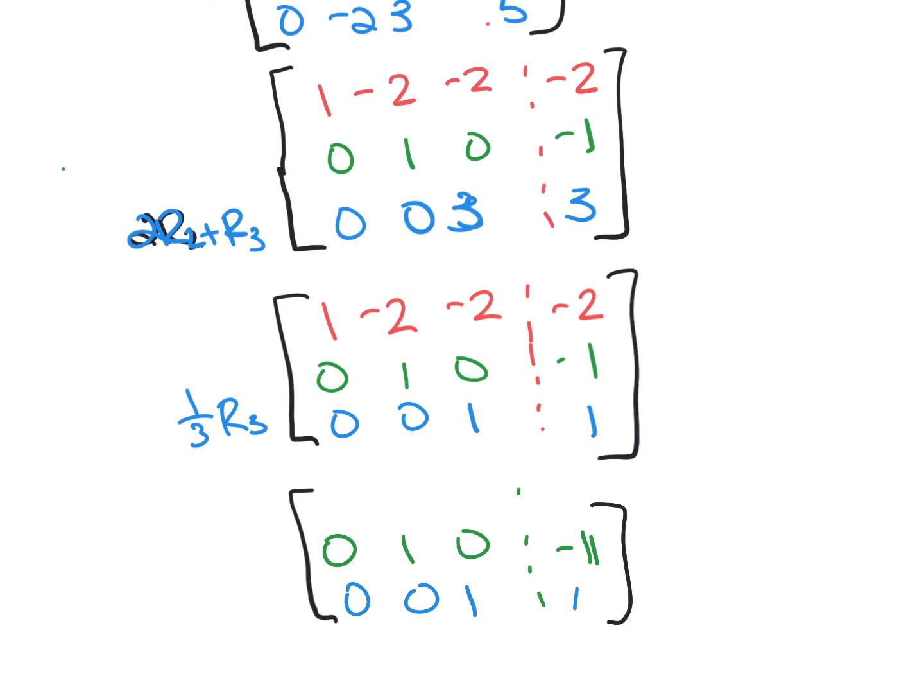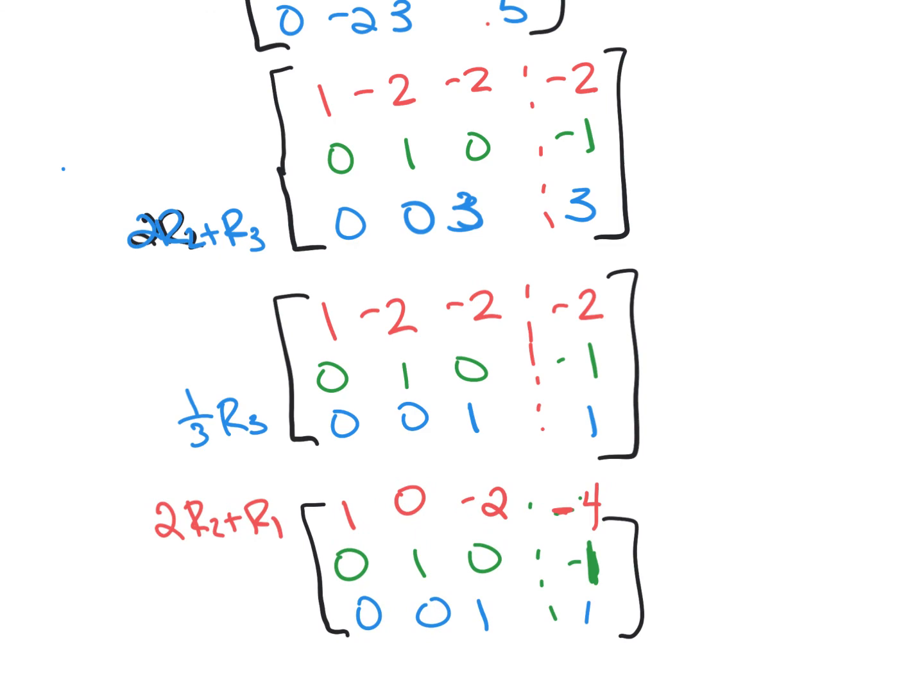But now I'm going to multiply this row, 2R2 plus R1. 2 times 0 is 0 plus 1 is 1. 2 times 1 is 2 plus a negative 2, 0. 2 times 0 is 0 plus a negative 2, negative 2. 2 times a negative 1 is a negative 2 plus a negative 2, negative 4. I'm sorry, that is a negative 4 up here.